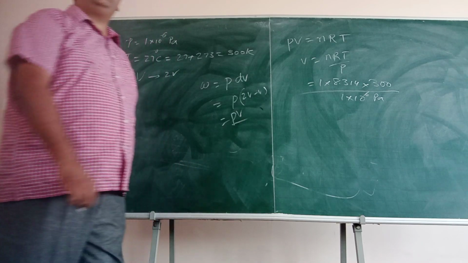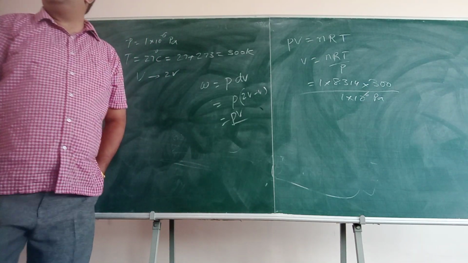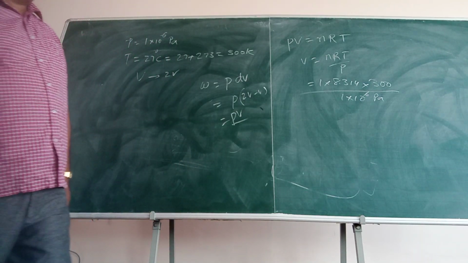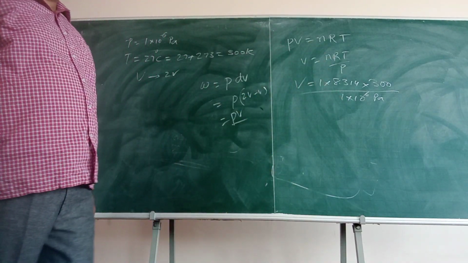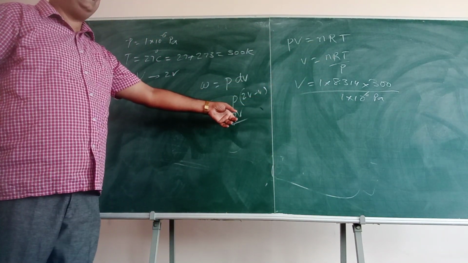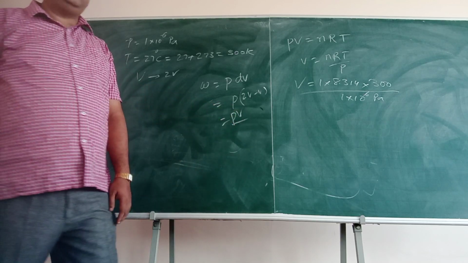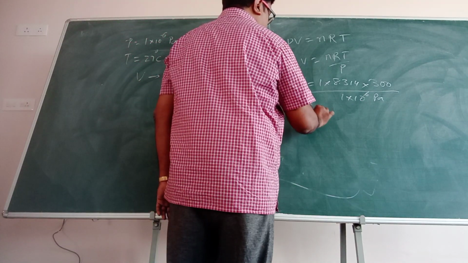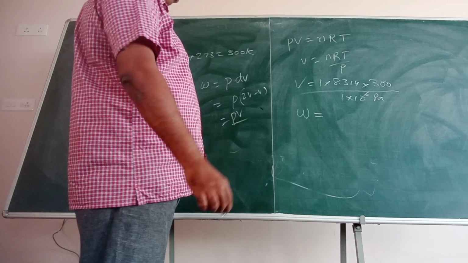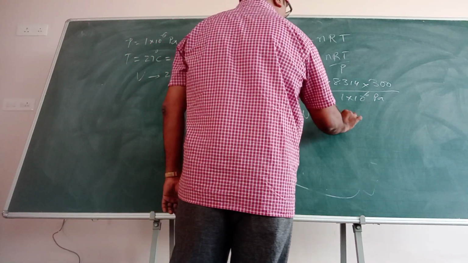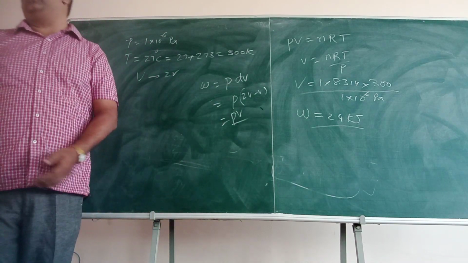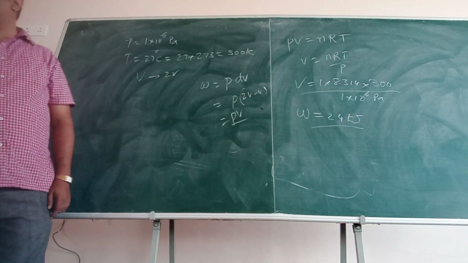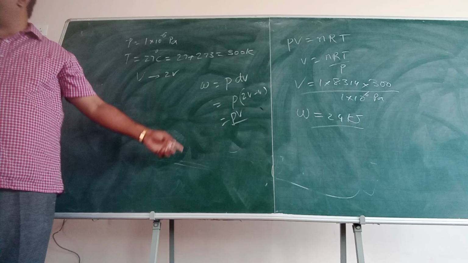Pascal means newton per meter square. When you calculate this, you get the value of V. You put that value of V here, and when you solve it, you get the value of W, approximately 2.4 kilojoules. But he is giving you 4.9 kilojoules. Basically, I don't know. Understood now?